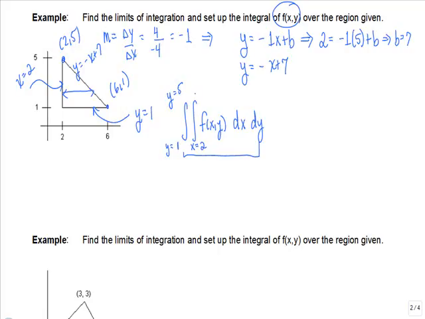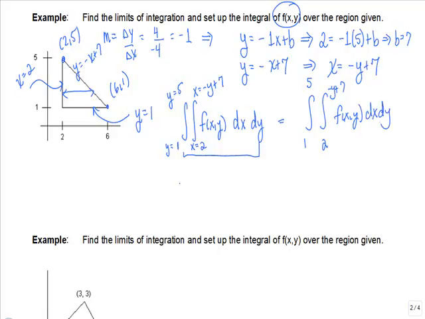So if I solve this for x, I get x equals negative y plus 7. So don't forget you actually have to solve it, but that work I did in my head. So if I clean up the integral a little bit, that gives me 1 to 5, 2 to negative y plus 7, f of x, y, dx dy.